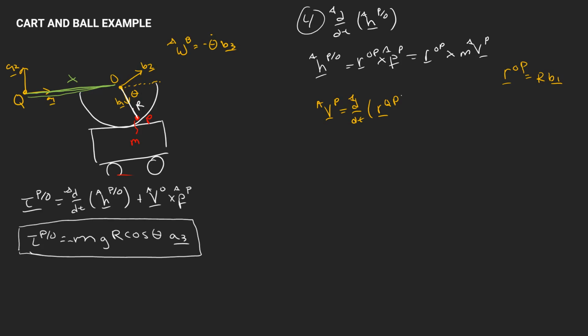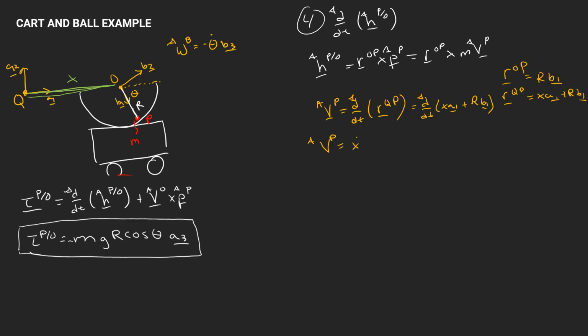So from the origin of frame A, so from this Q. So RQP is equal to X A1 plus RB1. So we need to take that derivative of XA1 plus RB1.